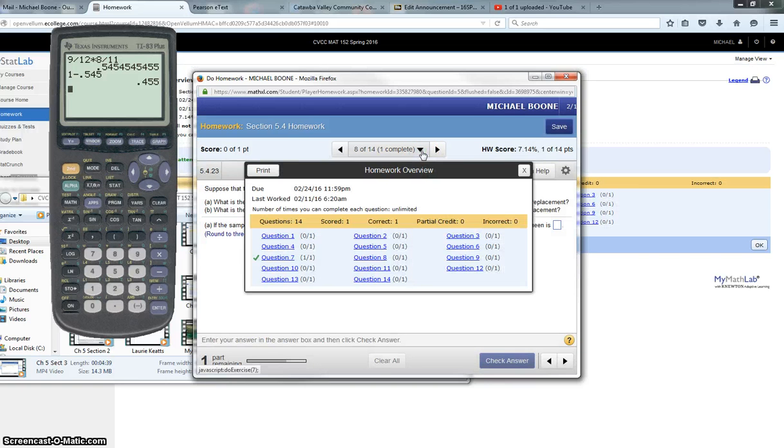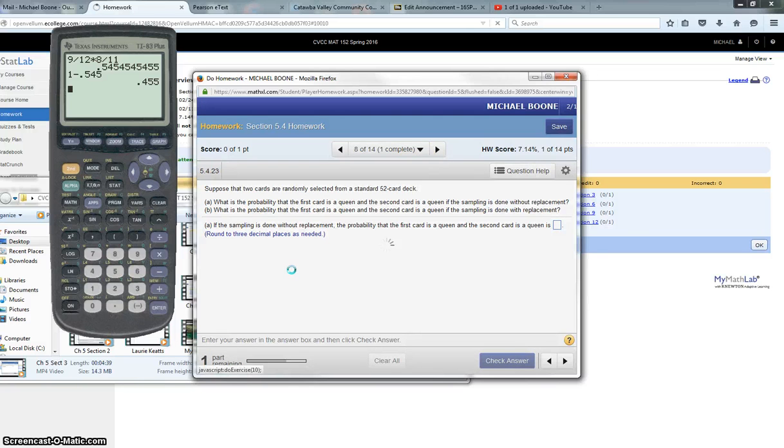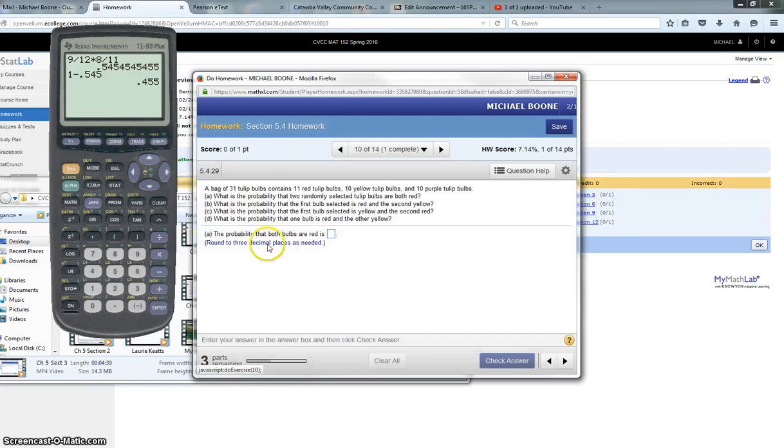Next question I want to look at was number 10. And so the probability is that both bulbs are red.